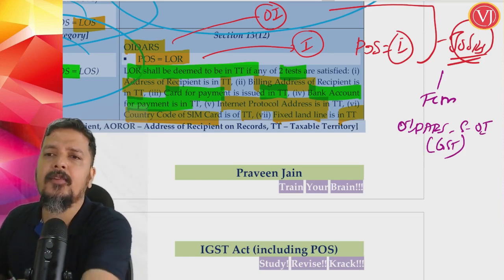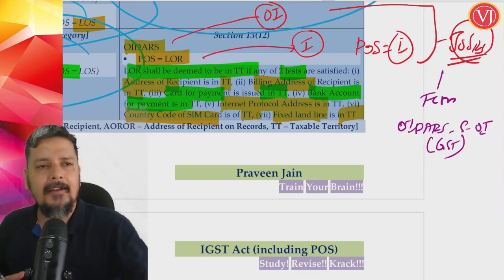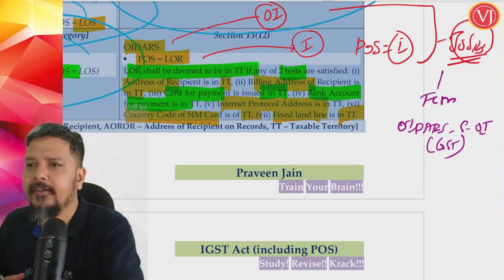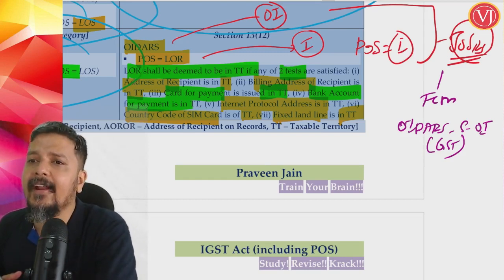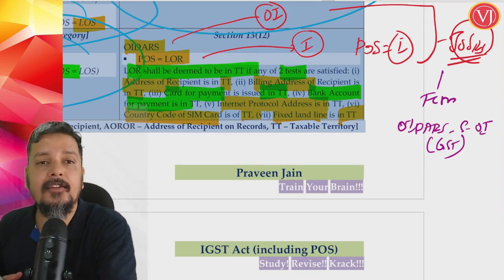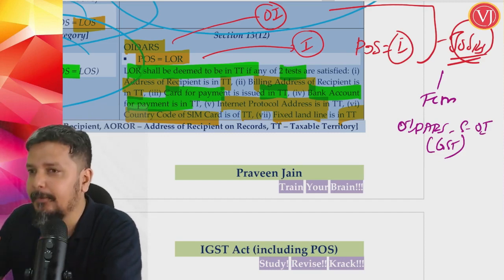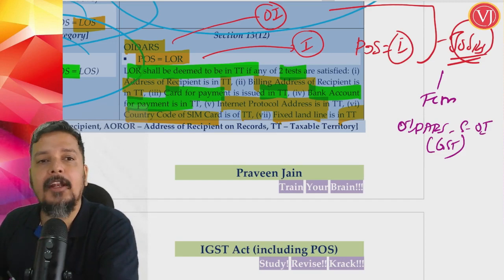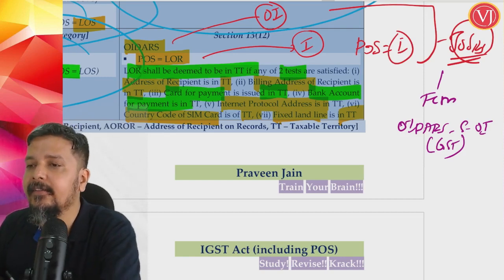All the apps that you use are OIDRs. Be it any app on your phone, it is OIDRs, including Facebook, WhatsApp, YouTube.